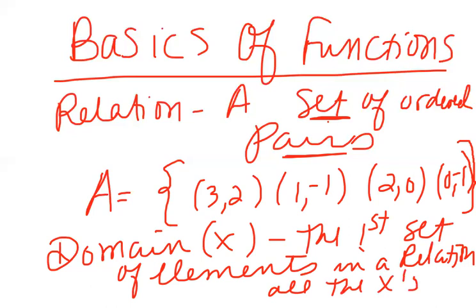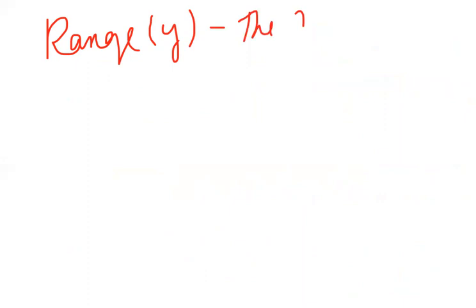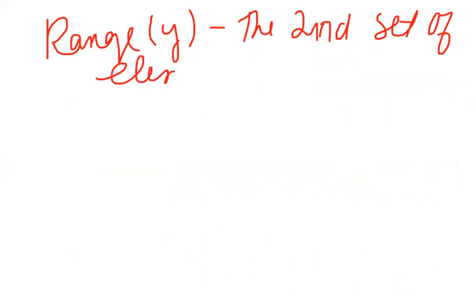Next, we've got the second set of elements, which we refer to as the range. The range references the y's, okay, guys? This represents the second set of elements in a relation.